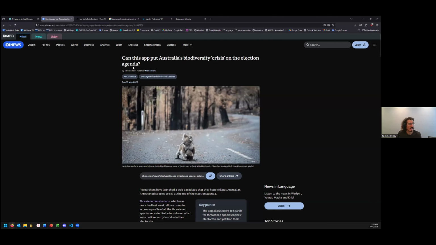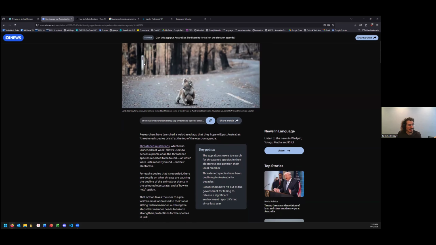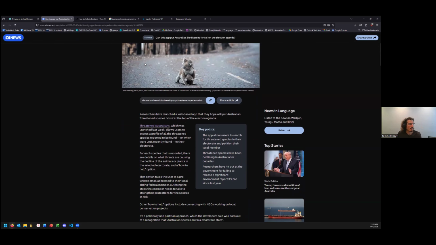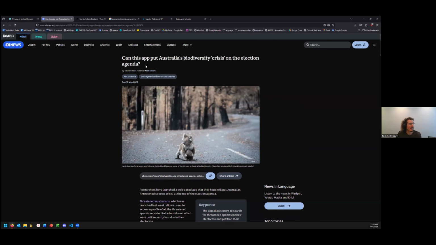We got on the front page of the ABC, with tens of thousands of people reading it: can this app put Australia's biodiversity crisis on the election agenda? That's the headline every researcher dreams of seeing, right? It's like, can we influence national politics with our research? So for me, that's where both of these things combine in that example.